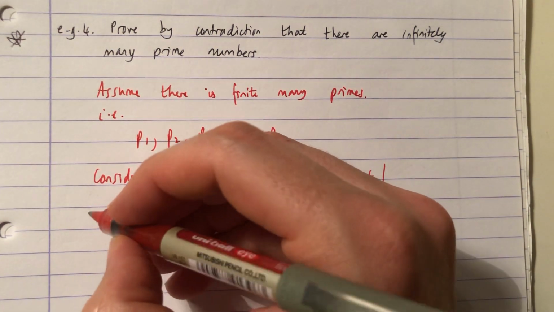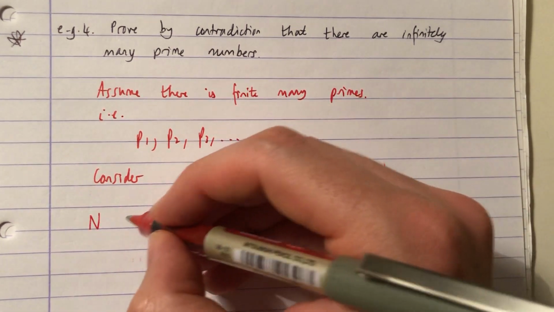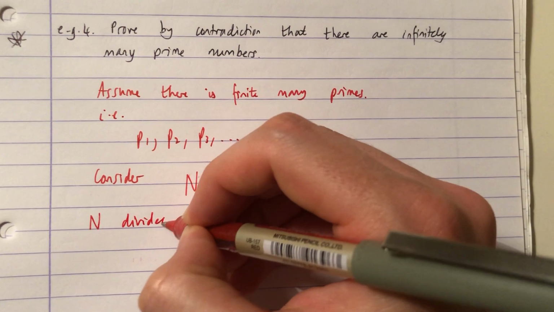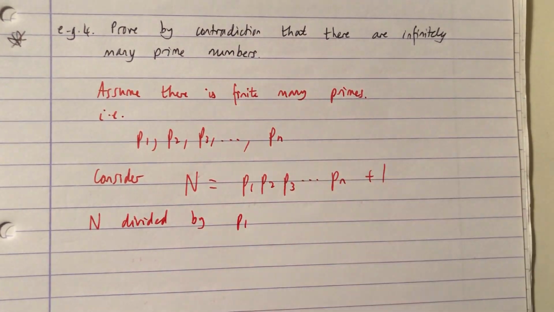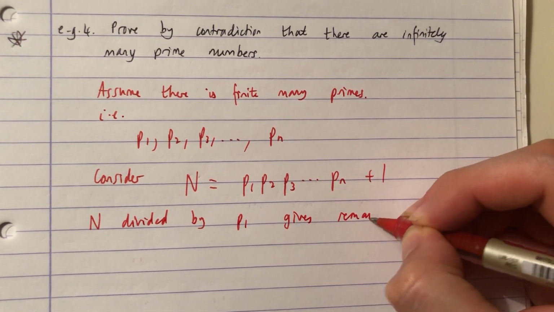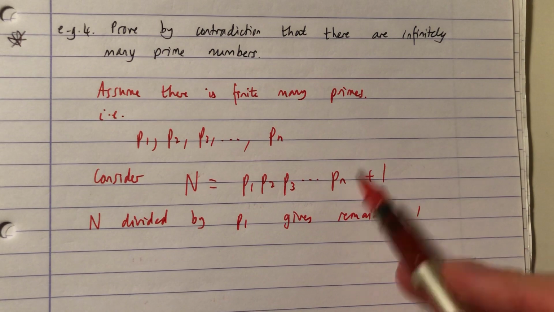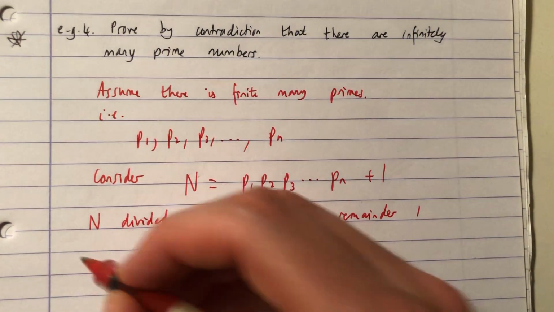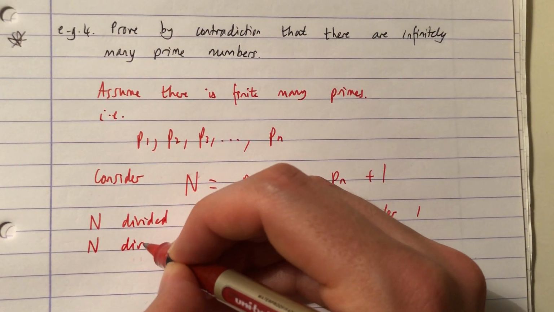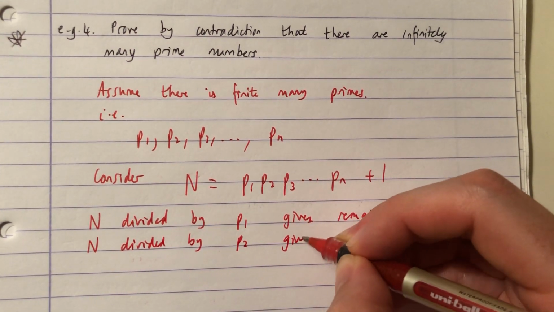So n divided by p1 gives remainder 1, because p1 goes into this number, but 1 is left over. n divided by p2 gives remainder 1.